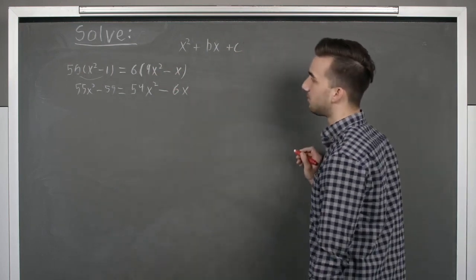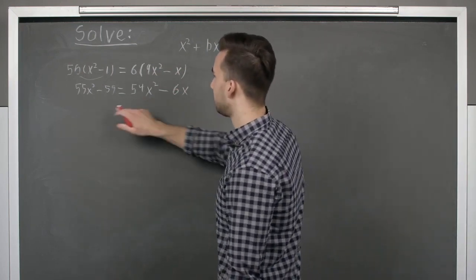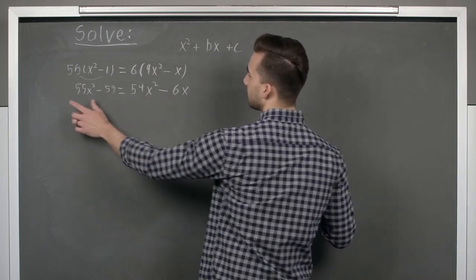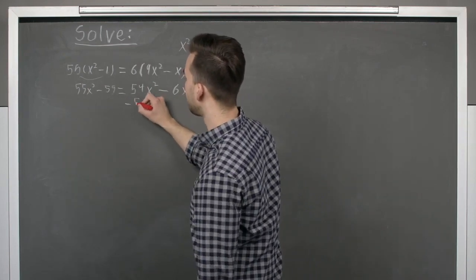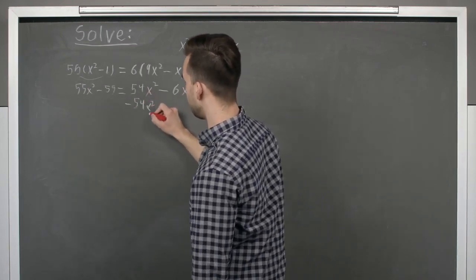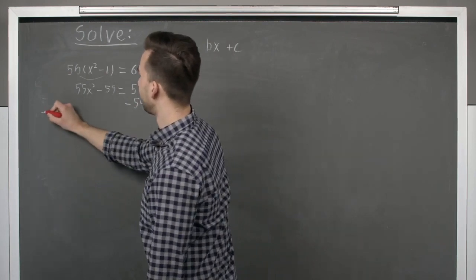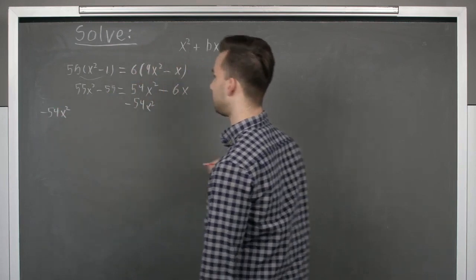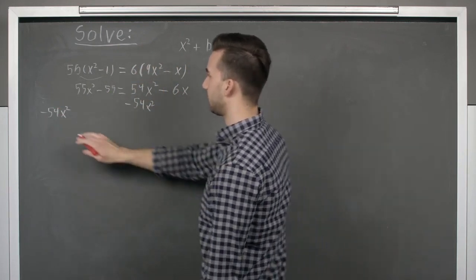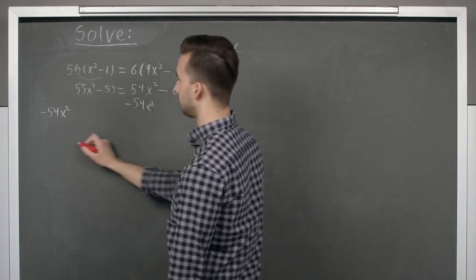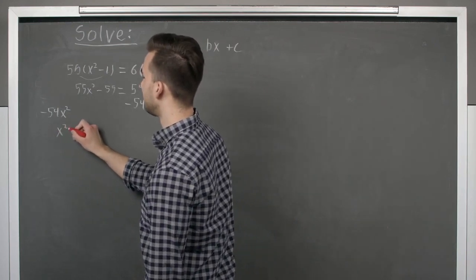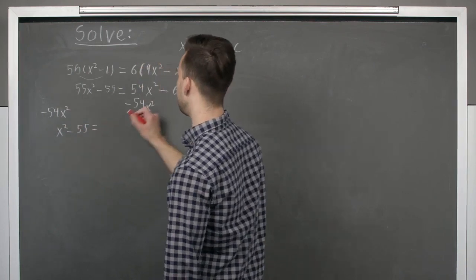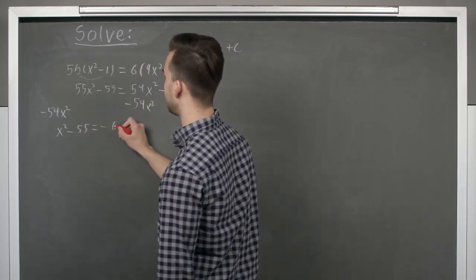So what will give us a positive x are, if we bring this 54 over to this side, so let's subtract the 54x squared from both sides. So 55x squared minus 54x squared gives us x squared minus 55, and then that gives us minus 6x.